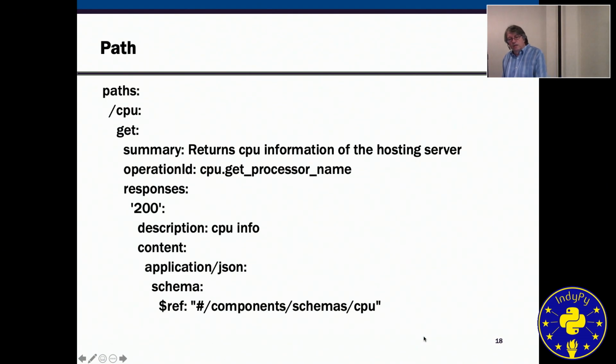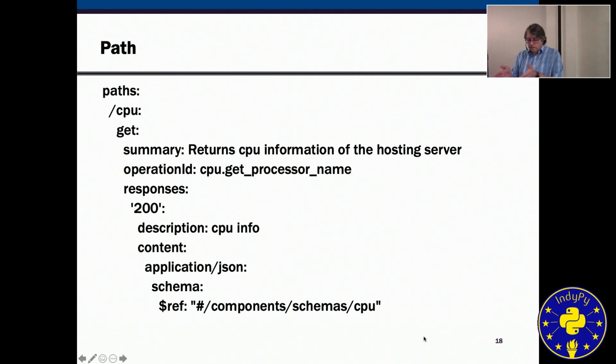One of the things that we have done in the specification is also we integrated something called an operationId. And this is a feature that is part of the public domain tool that we actually use to convert this specification to a Python program or any other program that now says: develop me, or spit out a template for, a function that's located in the CPU directory, but the function is called getProcessorName.